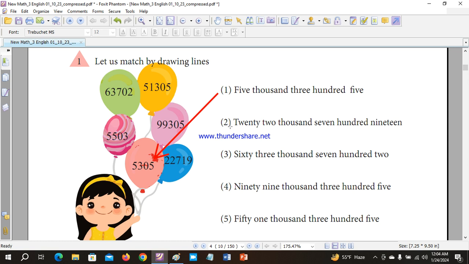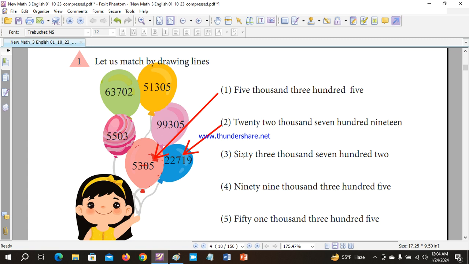And number 2, 22,719. 22,000 here, 22,719. This is the number in digits for this number.